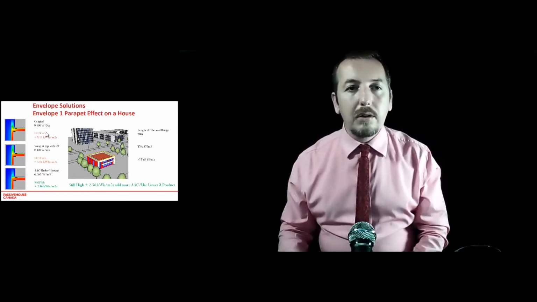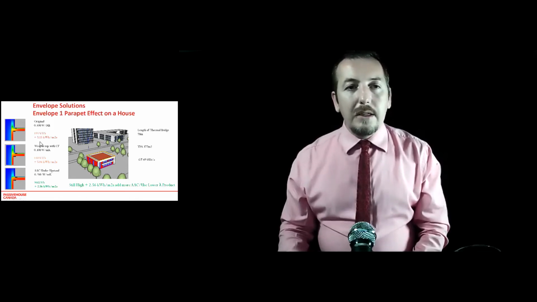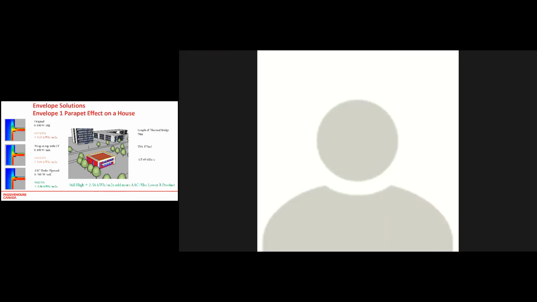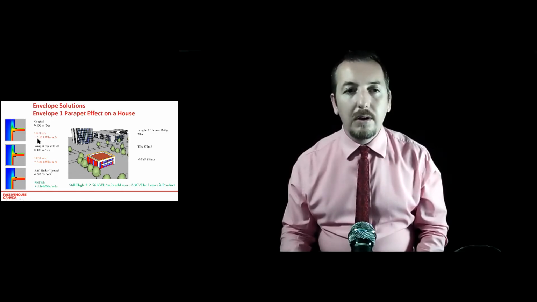But as you can see here, if we just apply this thermal bridge to the parapet of a building this size, the additional effect of that thermal bridge on the energy balance in PHPP will be plus 5 kilowatt hours. Okay, now the target in PHPP in passive house is 15.